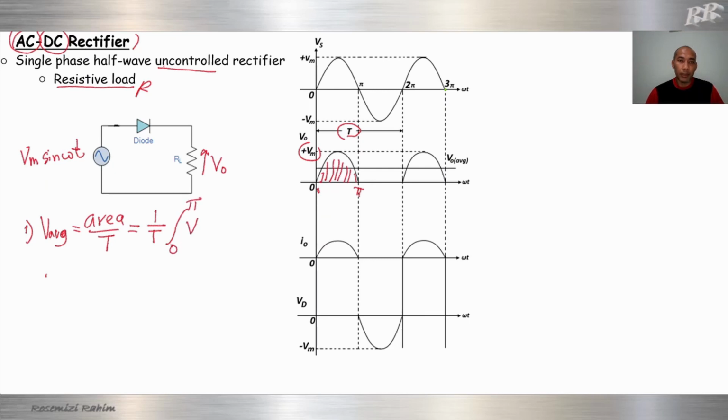V in this case is VL, the load voltage, V out. Now we get 1 over 2 pi, since T is equal to 2 pi.